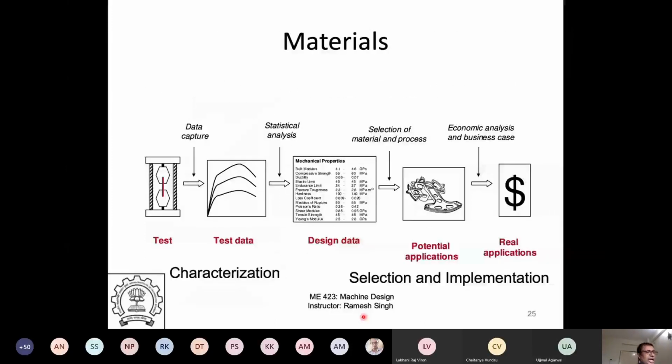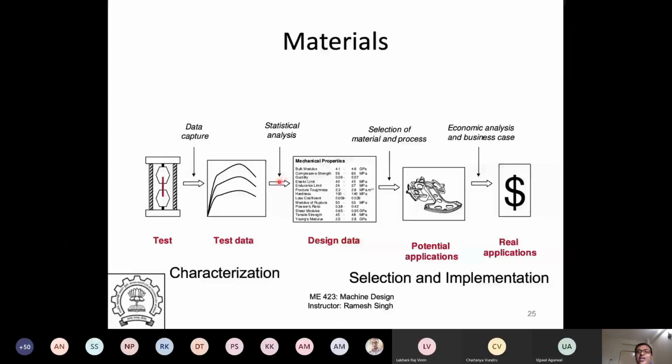And typically, how do you create that data? The way you create that data is first you do a test. From that test, you actually create test data. So it will be strength data, a stress strain data. And then with that test, you'll create design data basically. With design data, you can create potential application.